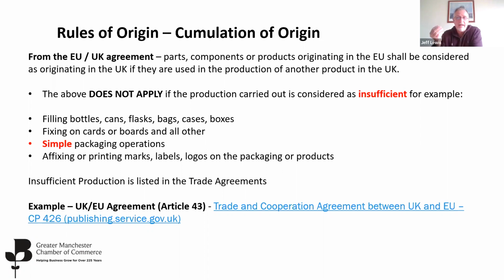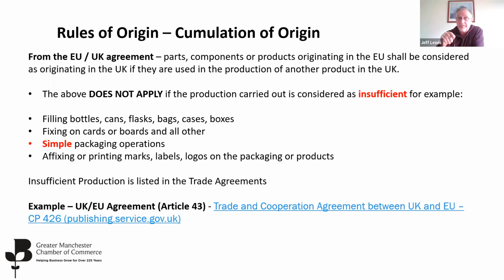Okay, now the beauty of that is it doesn't impact on your max nom, if you've got a max nom percentage requirement. But it does mean that you have to make sure that those European components, in terms of the EU trade agreement, do go through more than the insufficient processes that are identified in the trade agreement.